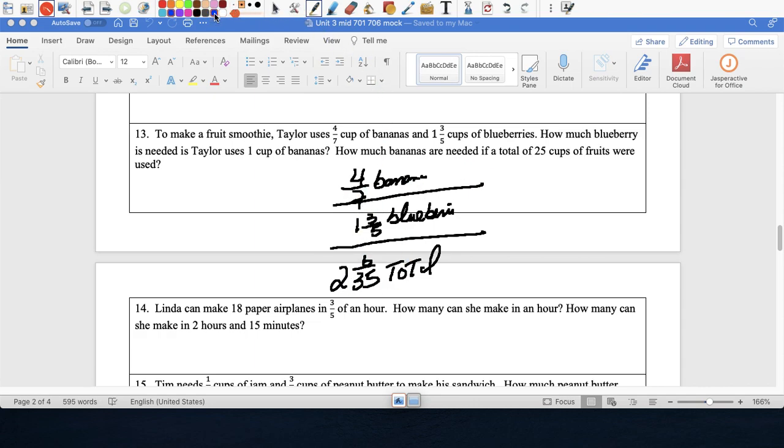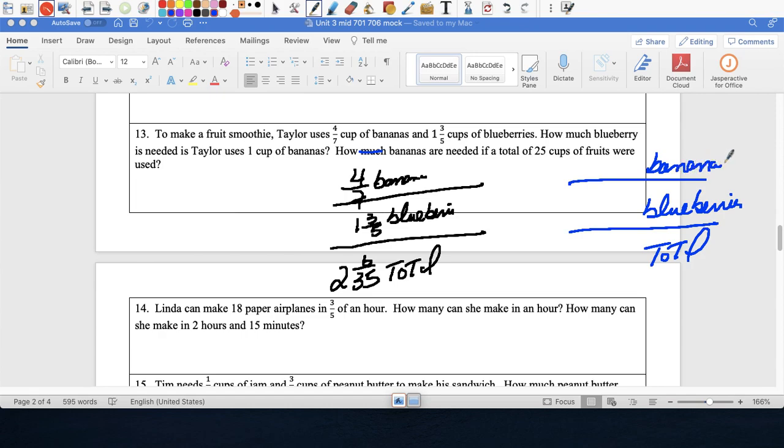Now the question is asking how many cups of blueberries are needed to use 1 cup of banana. Let me do the latter half, the second half, first. How many bananas are needed if a total of 25 cups of fruits were used? Well, I have this relationship, and on the other side, I'm going to write total blueberries, because this is a proportional relationship.